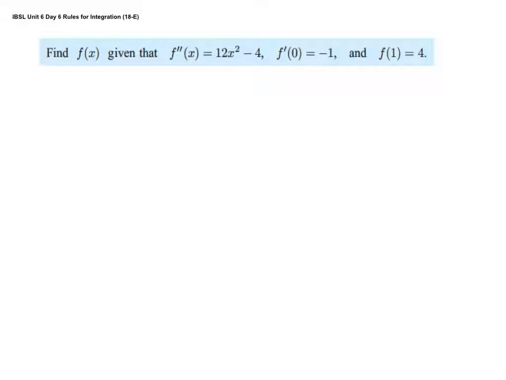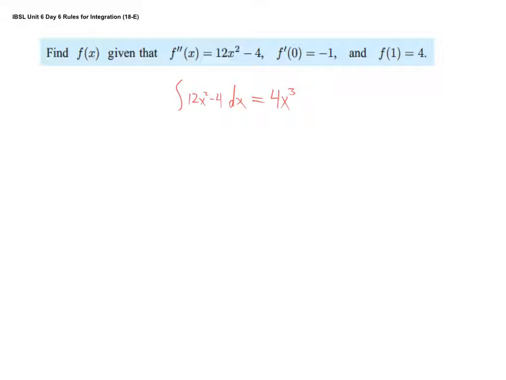So here's what we've got to do. Let's take the integral of 12x squared minus 4 dx, and what do we get? It'll be 12x cubed over 3, so 4x cubed. What's the integral of negative 4?